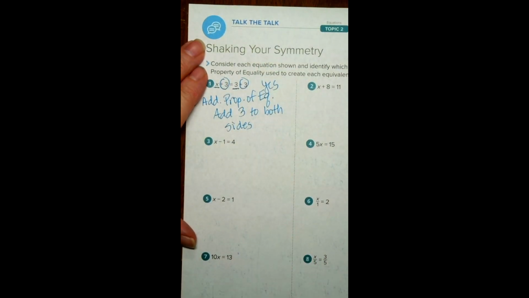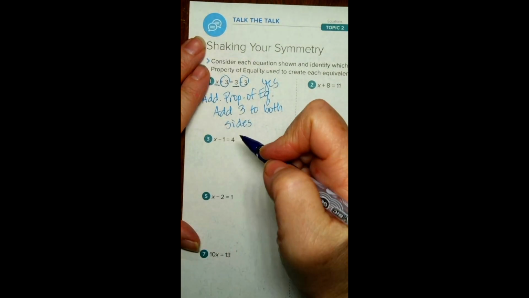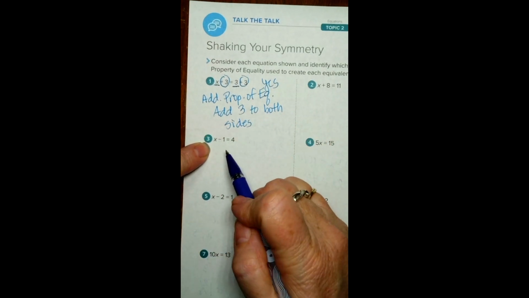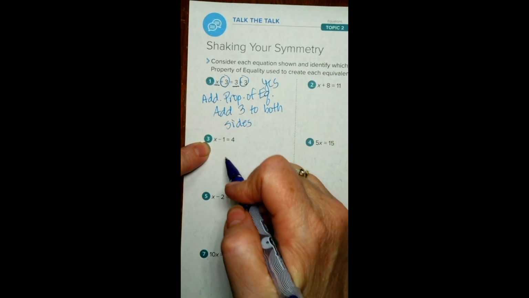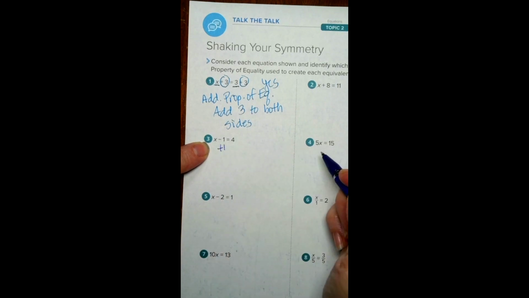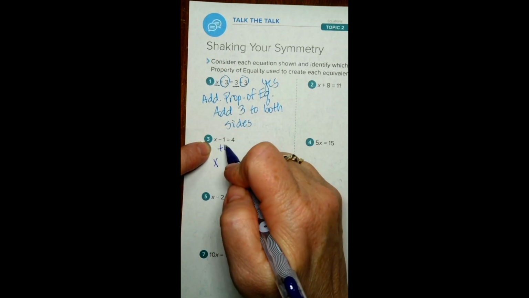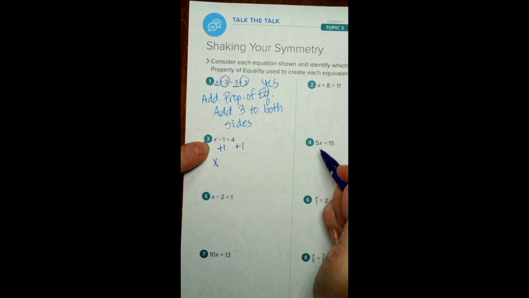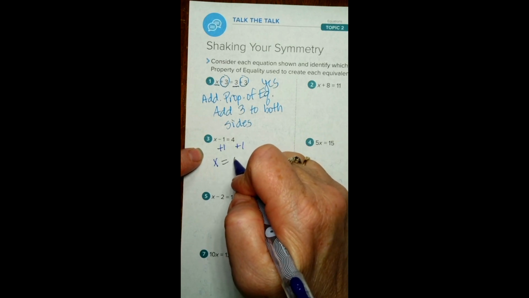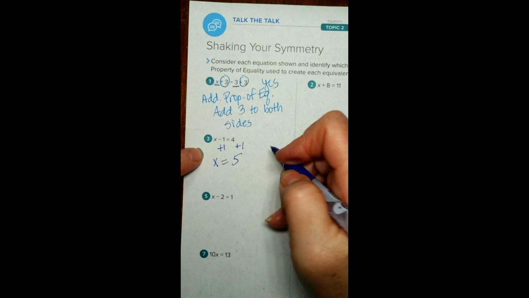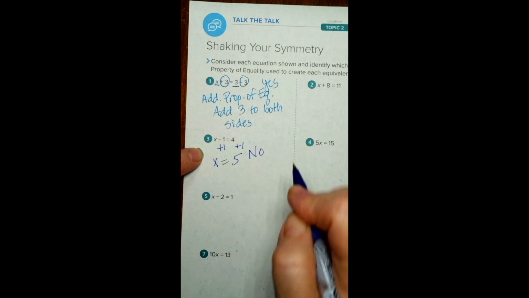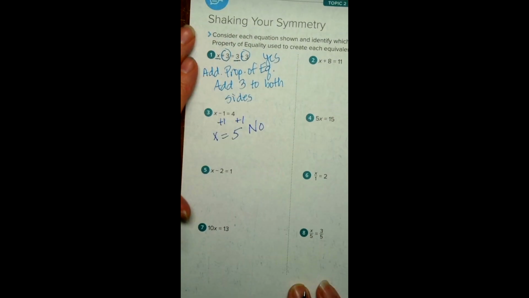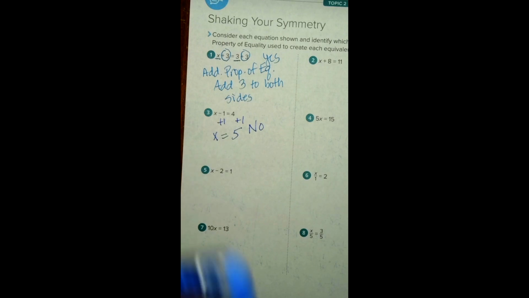X minus 4 equals 1. Well, if we needed to get it to be just the x, we would have to add 1 to make it just x. But if we're adding 1 here, we'd have to add 1 here. We would get x equals 5. So that is a no, not equivalent. X minus 2 equals 1.